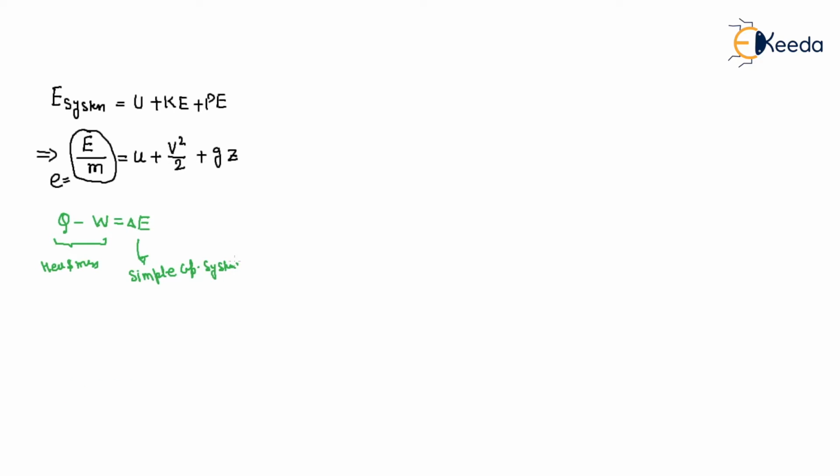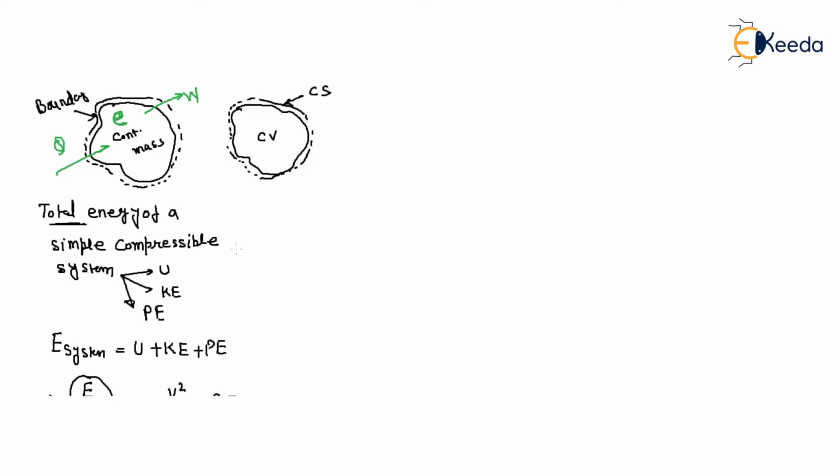But for an open system, heat will go in, work will go out from the system, and also there is an inflow and an outflow, right?